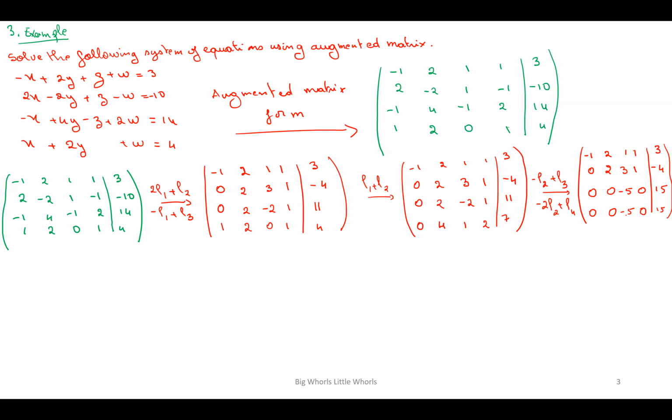Okay, so the next step is to use the -5 here, which is the leading entry in the third row, to eliminate the entry below it. So I'm going to do minus row 3 plus row 4.